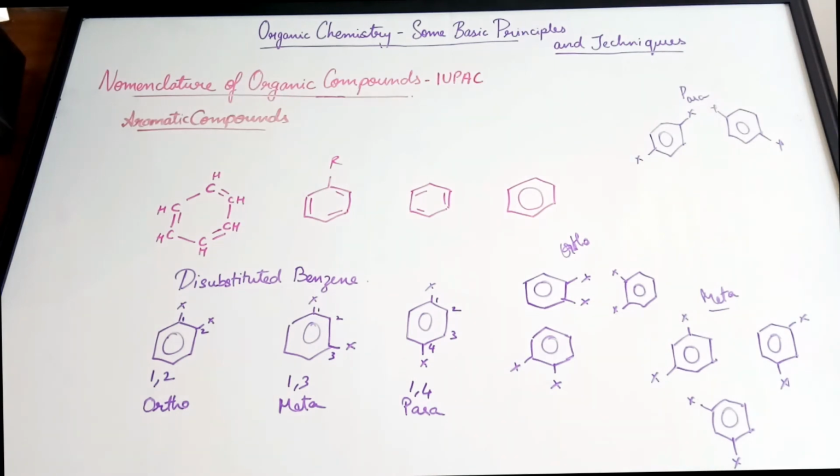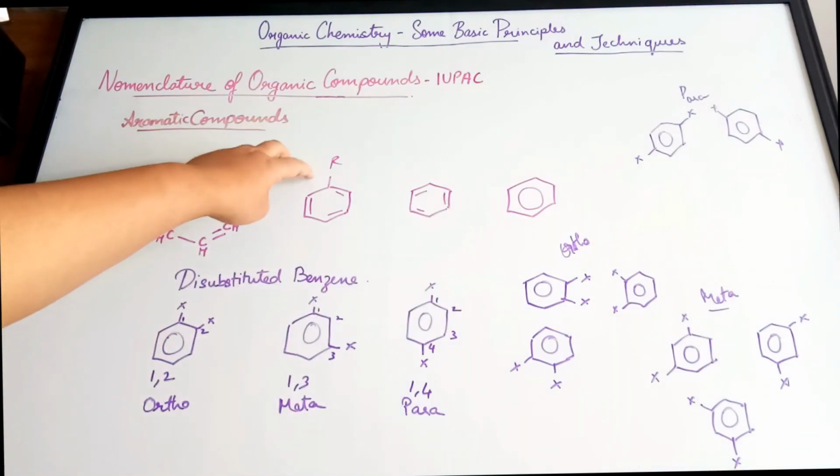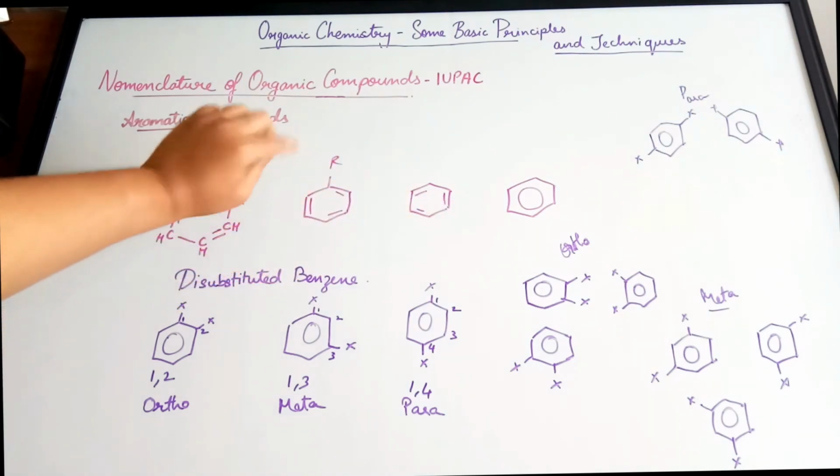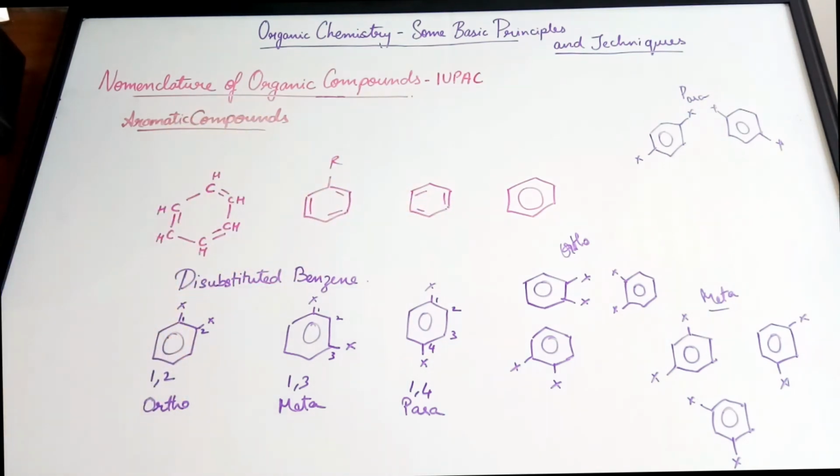So benzene is a 6-membered carbon ring which has alternate double bonds present. These are the various ways of representing it. It can have a side chain, and the ring is the nucleus. When it's monosubstituted, one of the hydrogens is replaced by another group.